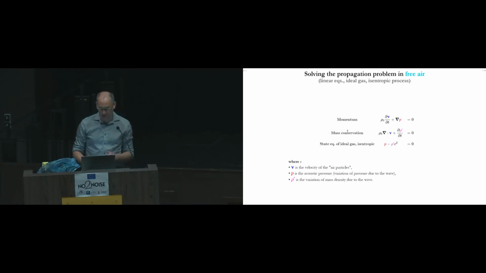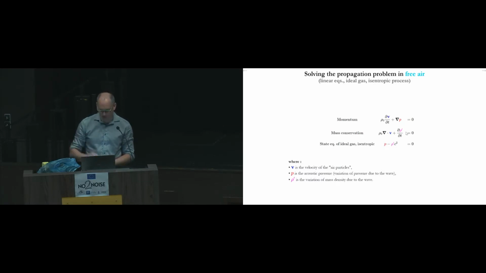We also have a mass conservation equation. So we have three unknowns: the velocity of the particles, the pressure, or at least the pressure modified compared to the atmospheric pressure, and the perturbation of the mass density.